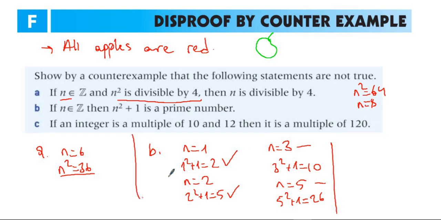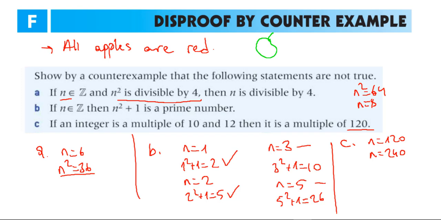Part C: if an integer is a multiple of 10 and 12, then it's a multiple of 120. The first number that comes to my mind is 120, which is a multiple of 10 and 12, and also a multiple of 120. Or if n equals 240, they are multiples of 10 and 12, and also multiples of 120.